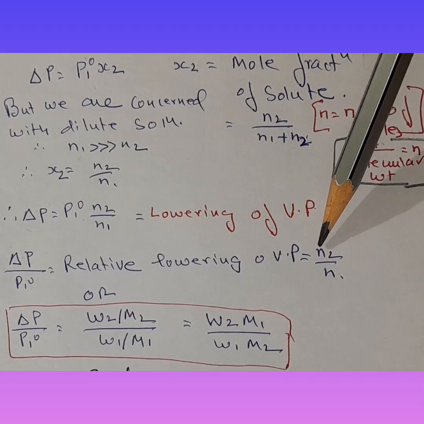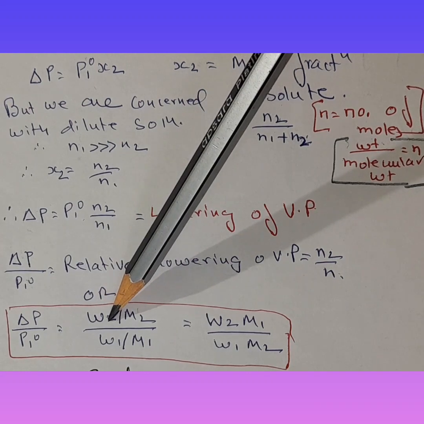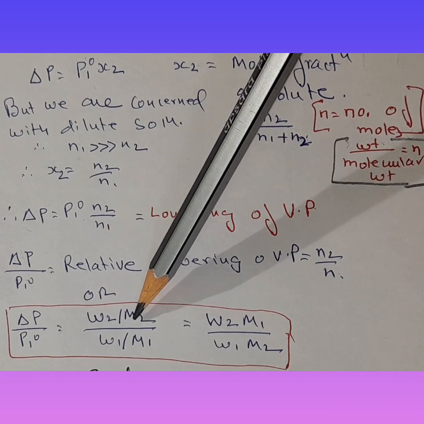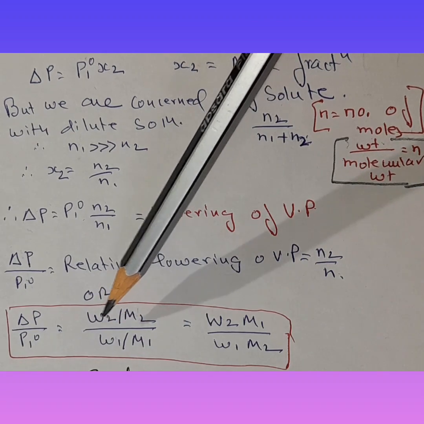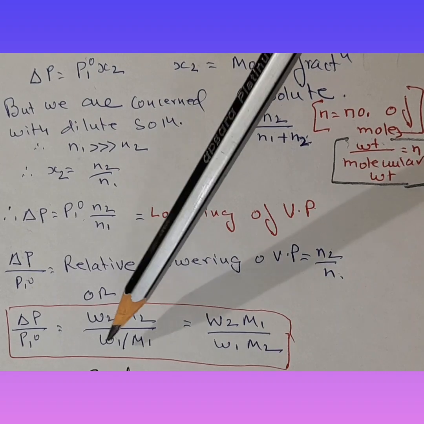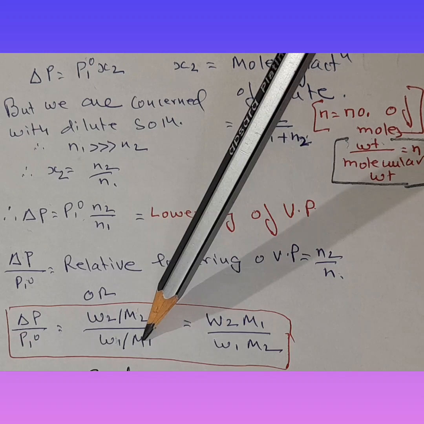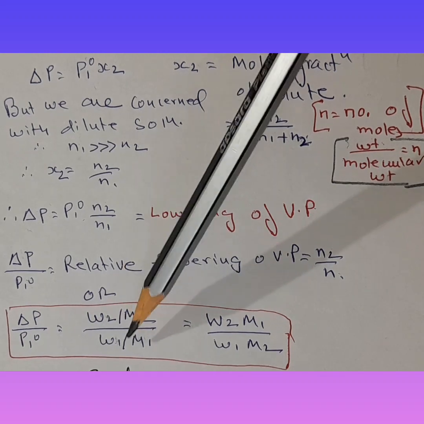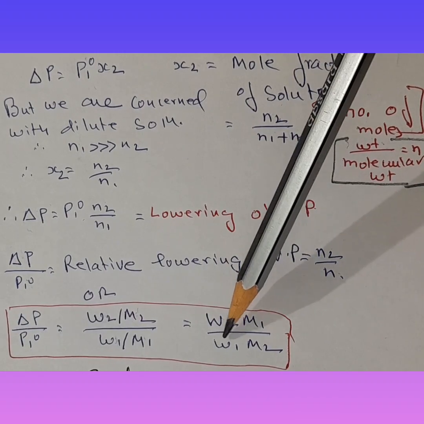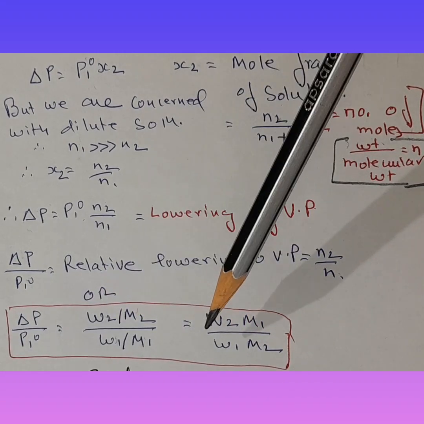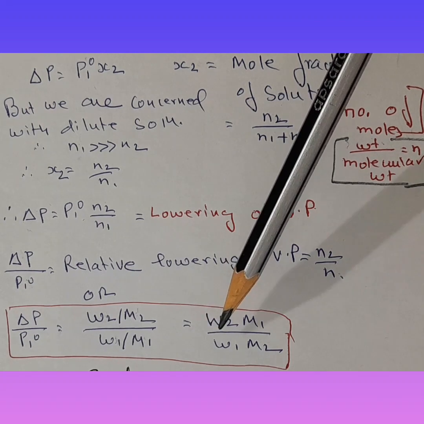And N2 is equal to W2 over M2, that is weight of substance divided by its molecular weight, and this is weight of solute divided by molecular weight of solute, and this is weight of solvent divided by molecular weight of solvent. On proper cross multiplication, what we get is W2 M1 divided by W1 M2. So this becomes our formula for relative lowering of vapor pressure.